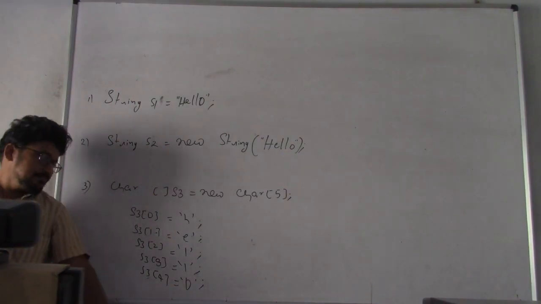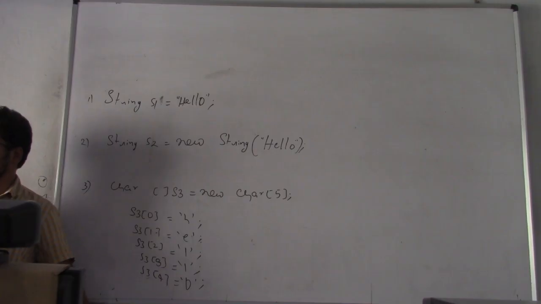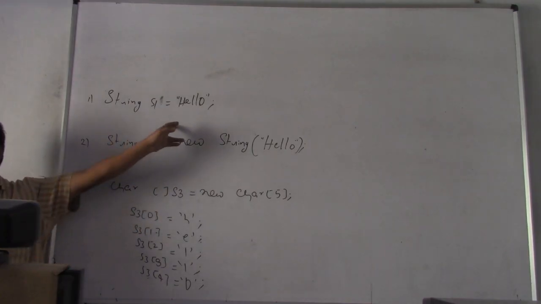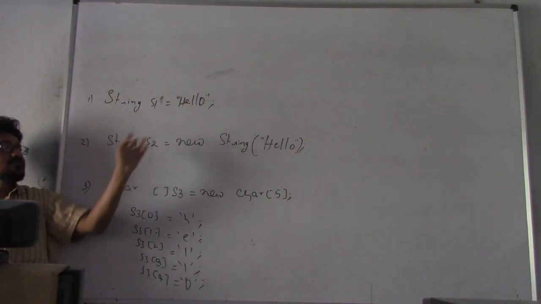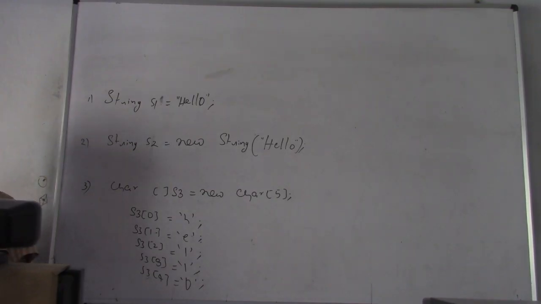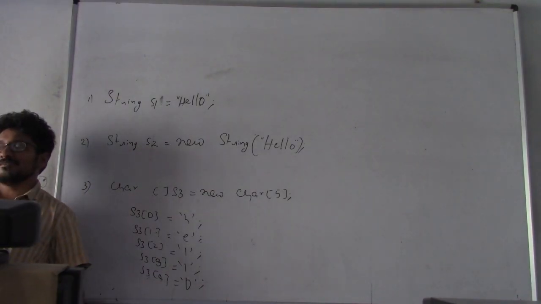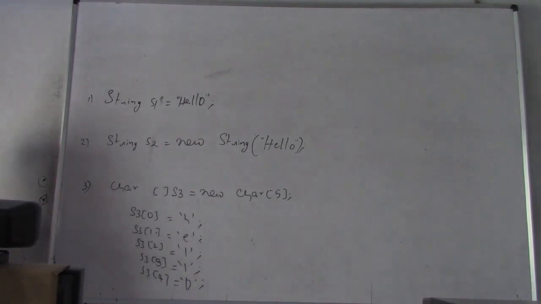We can initialize character by character. Finally, System.out.println of S1 we get hello. Finally, we have to print using System.out.println.